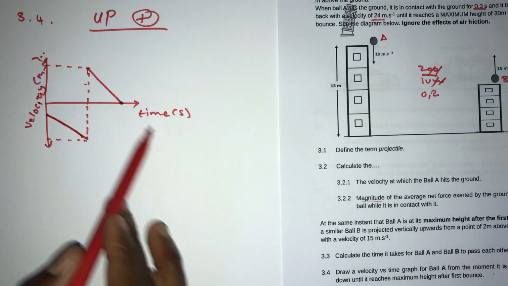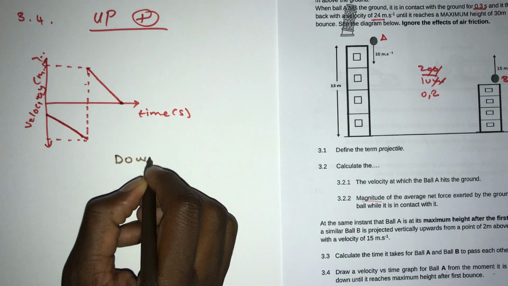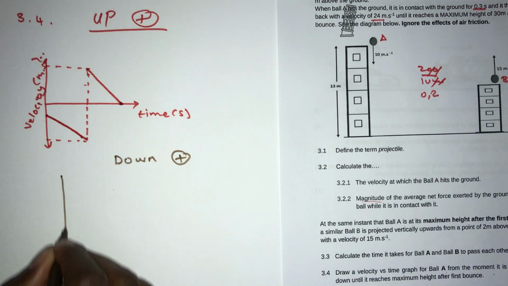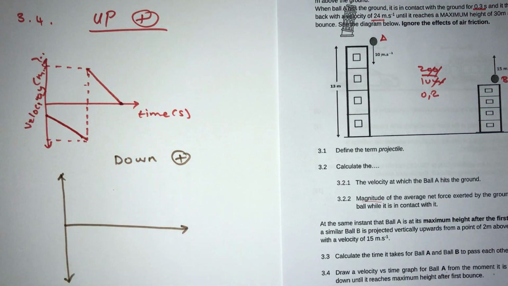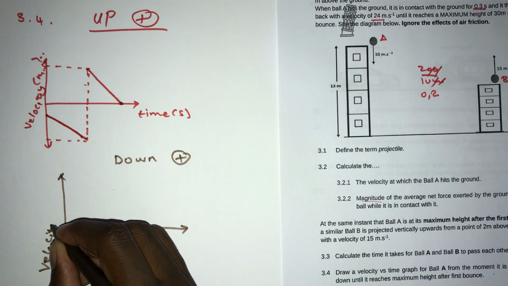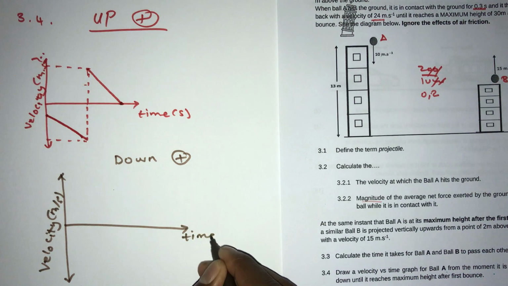So this is up as positive. But for down as positive, I will use another color. For down as positive, it's just vice versa. So for down as positive, let's do this. Oh yes. So still this is velocity, in meters per second, and then this is time in seconds.